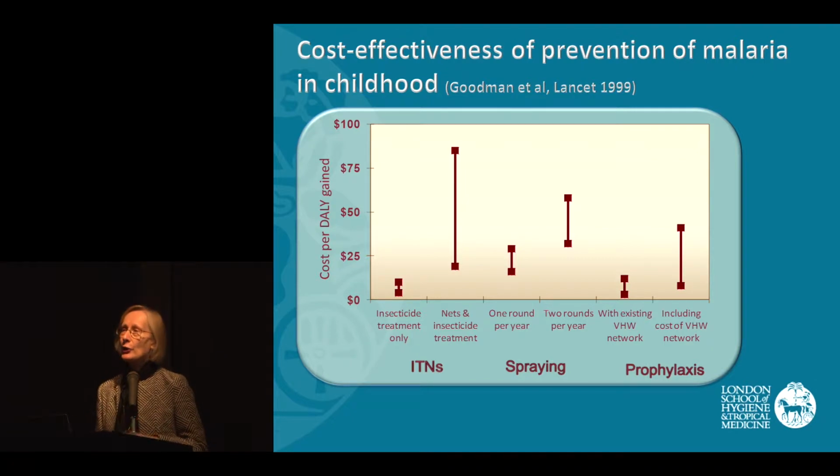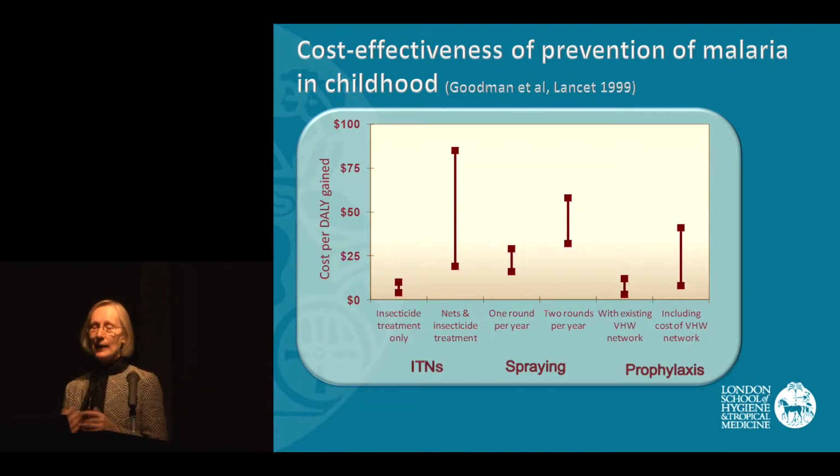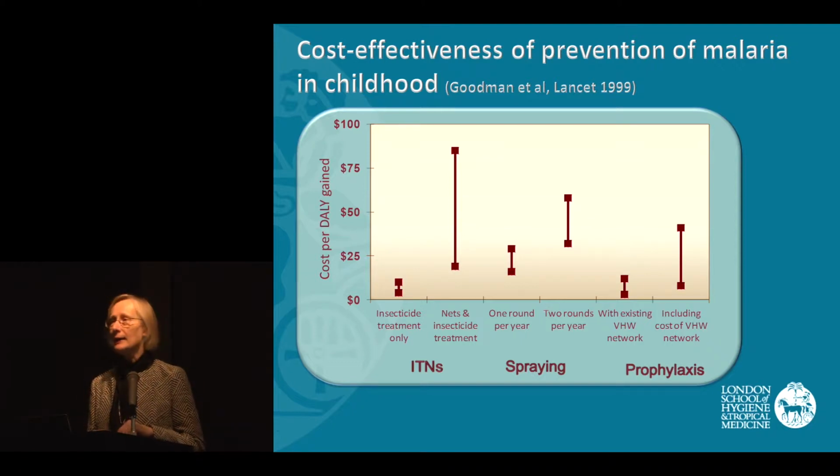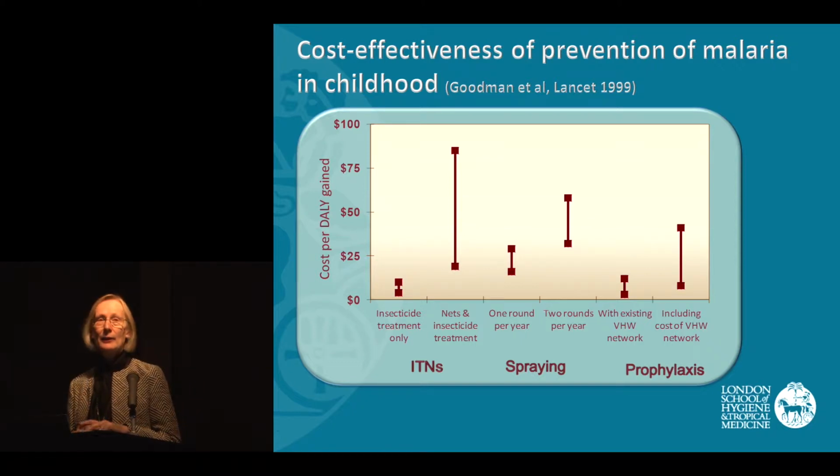There's always a question with cost-effectiveness ratios as to how do you evaluate them? How do you say, is this a good buy or not? And it's customary to use $100 per disability adjusted life year gained as some sort of a benchmark for indicating a highly cost-effective intervention. I think my colleague John Cairns, when he speaks tomorrow, will talk more about these issues of thresholds.